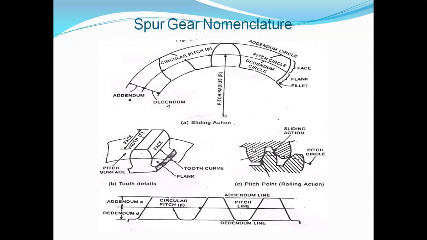This figure shows the position while two gears are mating: tooth details, pitch surface, face width, and face. So we have to discuss each part of this nomenclature.